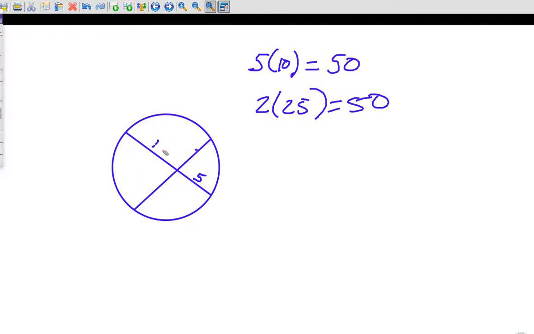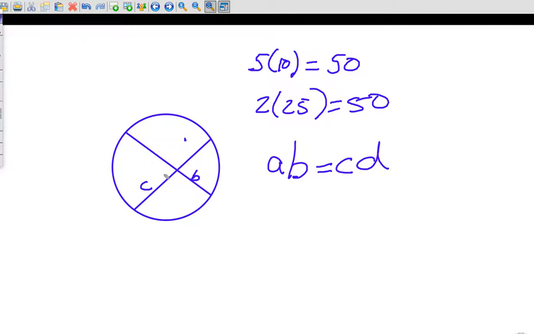So if we called these pieces A, B, C, D, we can say that A times B is equal to C times D. So this segment times this segment is equal to this segment times this segment.